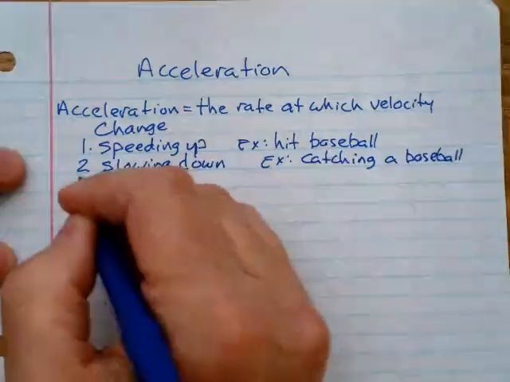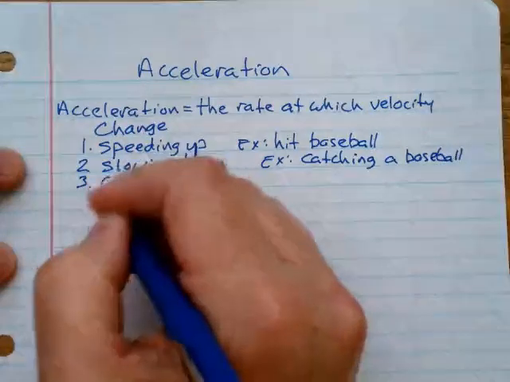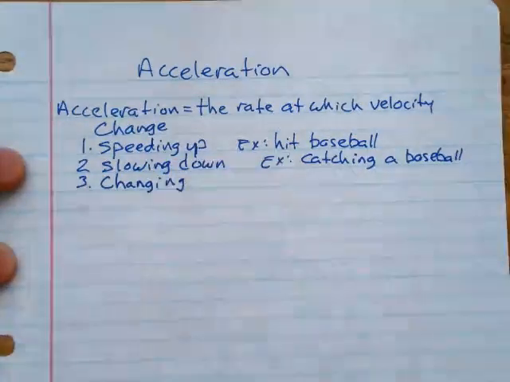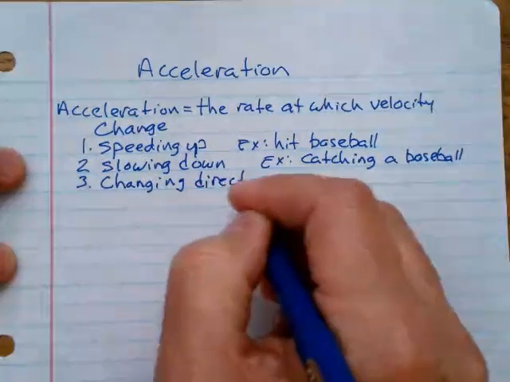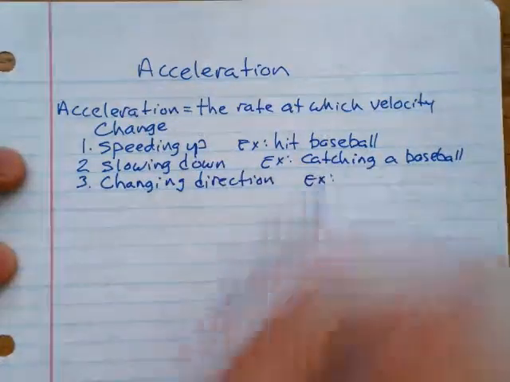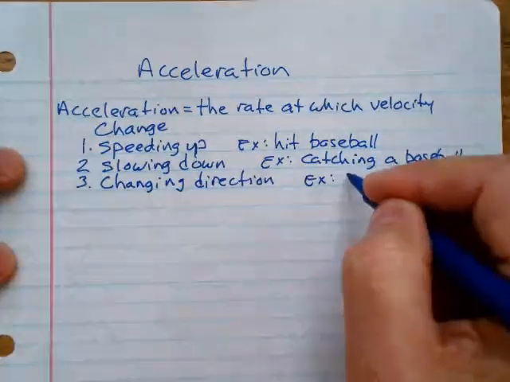And the third one, the one that sometimes people don't think of, is that acceleration is changing direction. An example of that would be maybe a car driving in a circle.